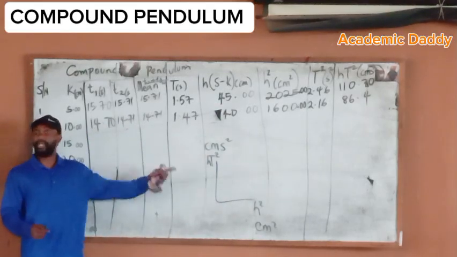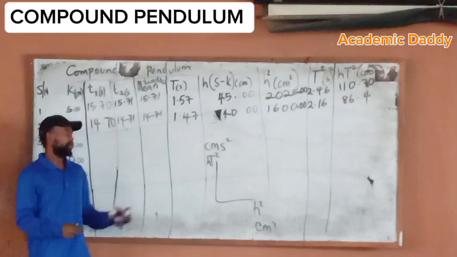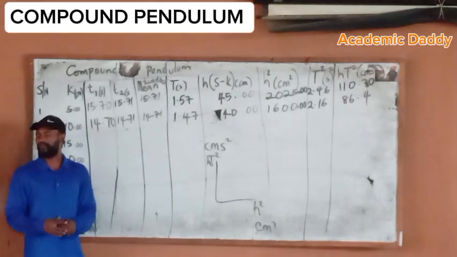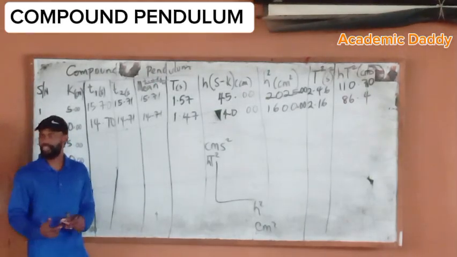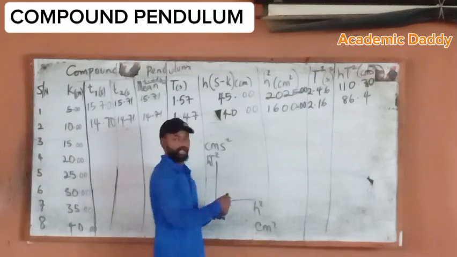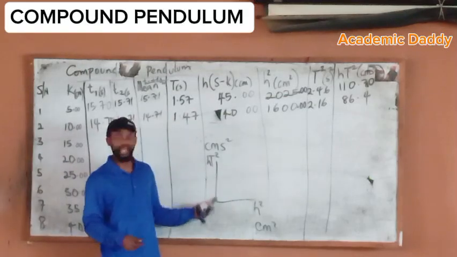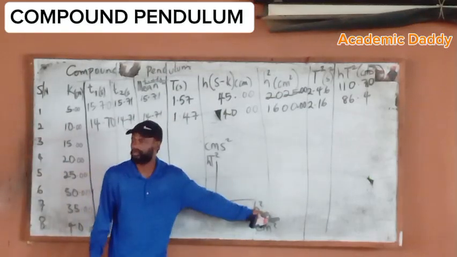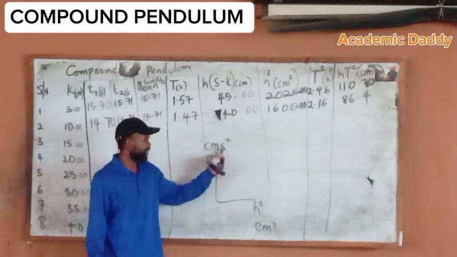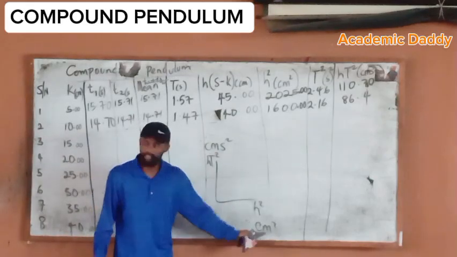Please, this thing tells you something. Let's check something. That means that we are plotting a graph that is the inverse of acceleration. Because we know that this means y-axis against x-axis, which means centimeter second squared against centimeter squared.